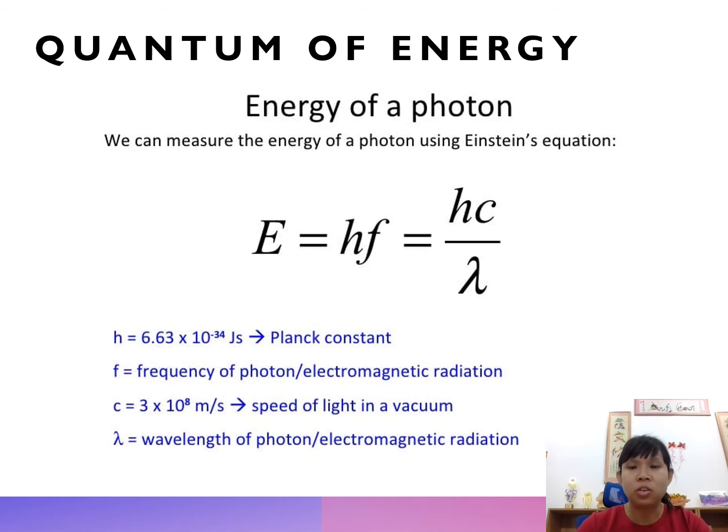Since we know that the photon travels at the speed of light, when we relate this with the formula E = hf, we get another equation: E = hc/λ, such that h is the Planck constant, f is the frequency of the photon, or electromagnetic radiation, c is the speed of light in a vacuum with the value of 3 × 10^8 meters per second, and λ is the wavelength of the photon, or electromagnetic radiation.